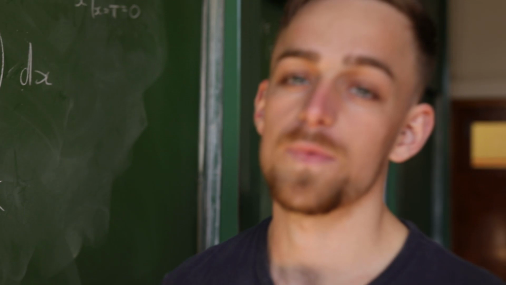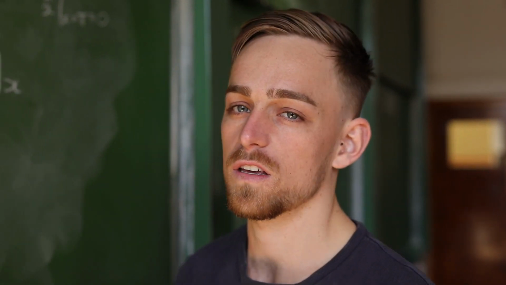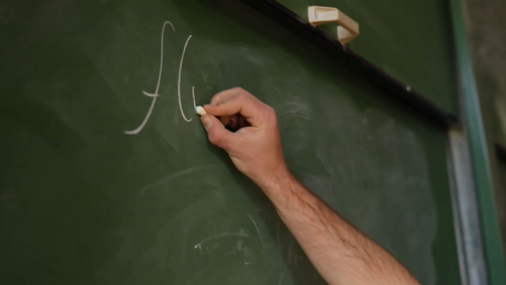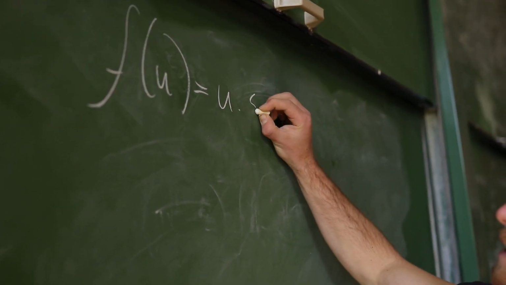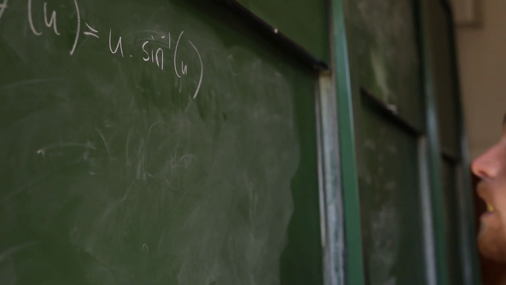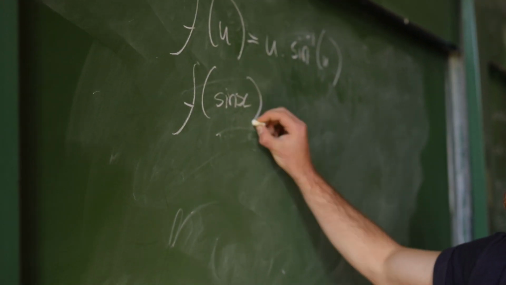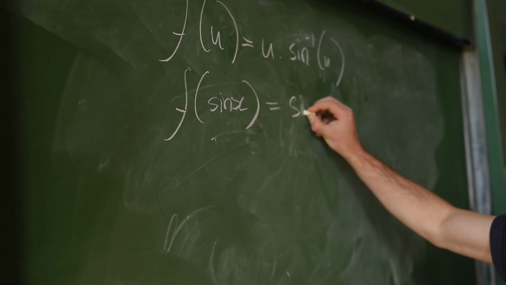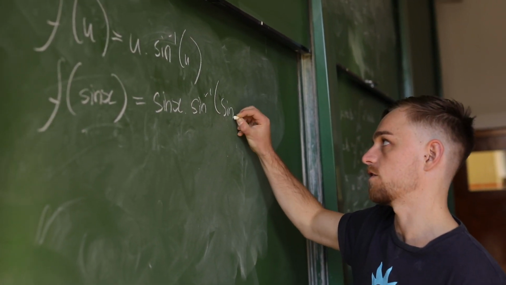And now we're going to consider a special case of this function, f of sine x. So we're going to consider the function f of u equals u times the inverse of sine of u. And what happens then when we put sine x into the function in place of u is that we get sine of x times the inverse of sine of x.